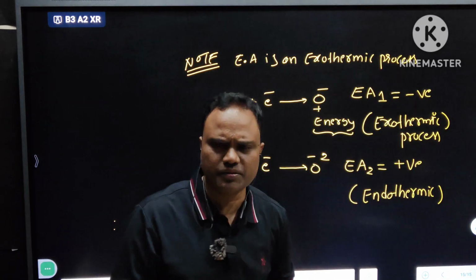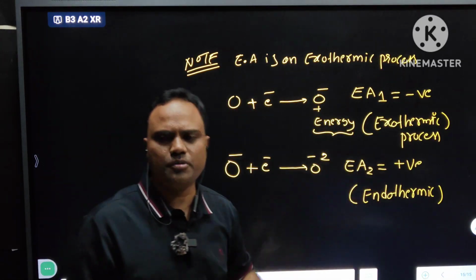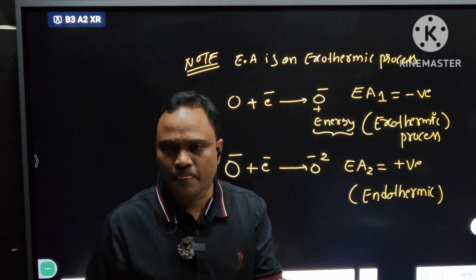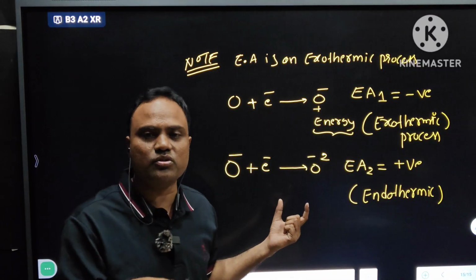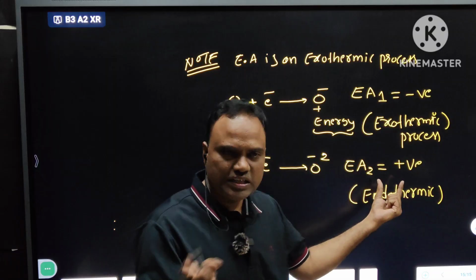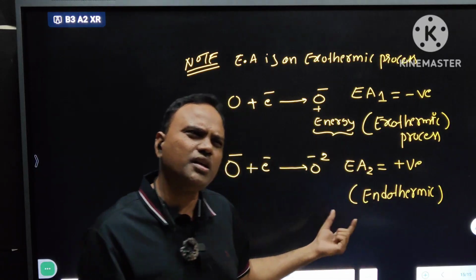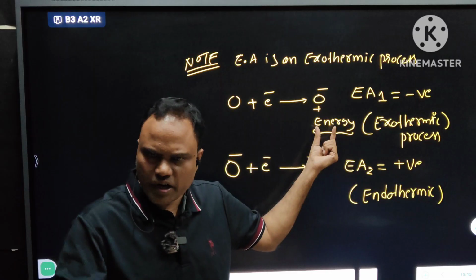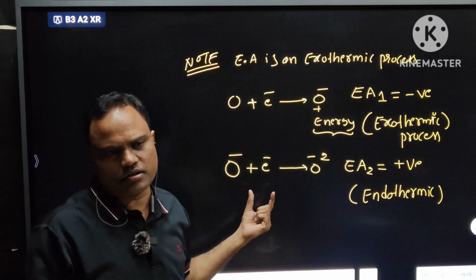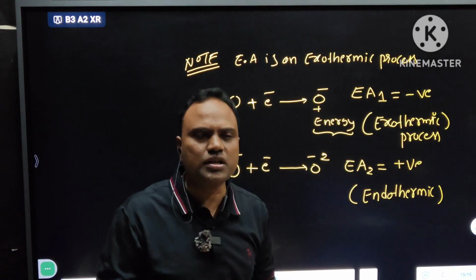But when you add an electron to a negatively charged ion, that is represented as EA2. Why EA2? Because you already added one electron, and now you are adding a second electron.